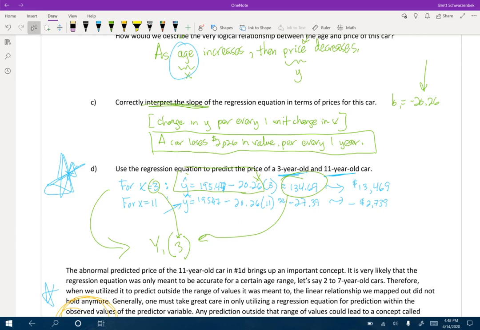Also remember, all of this should be in the videos I posted on Canvas, not this video, but videos related to the calculator in the calculator module. So you can also read through this if you're not sure what I'm doing in terms of using the calculator. Okay, just a couple more things to cover.